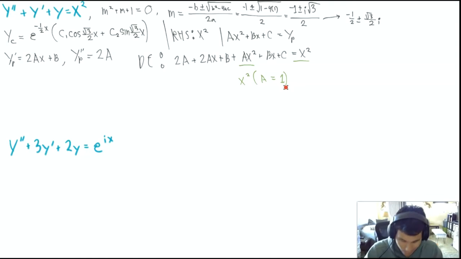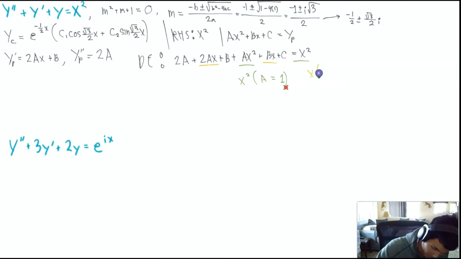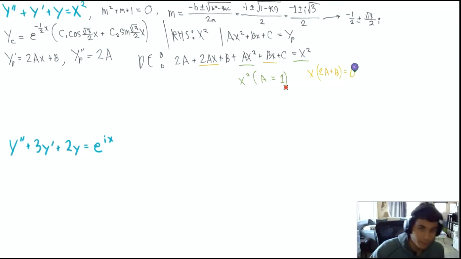Let's do that again, and I'm going to use a different color. Those both have x's next to them, so it'd be x times 2a plus b is equal to 0.